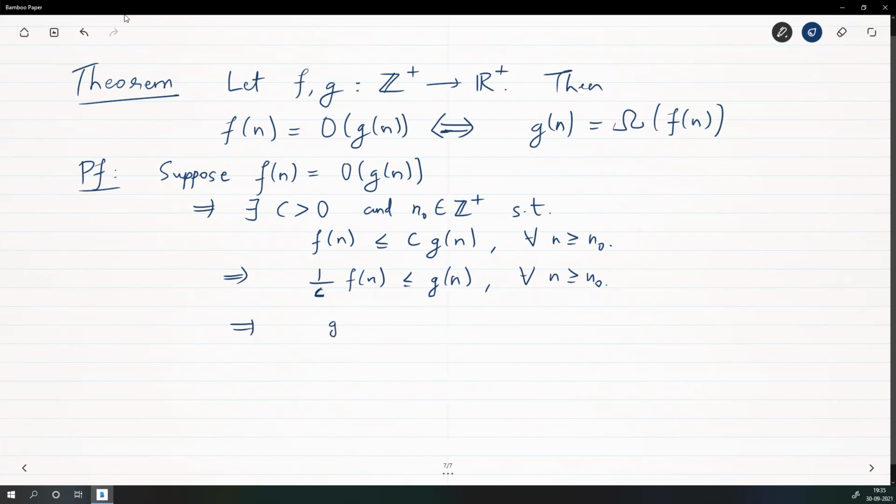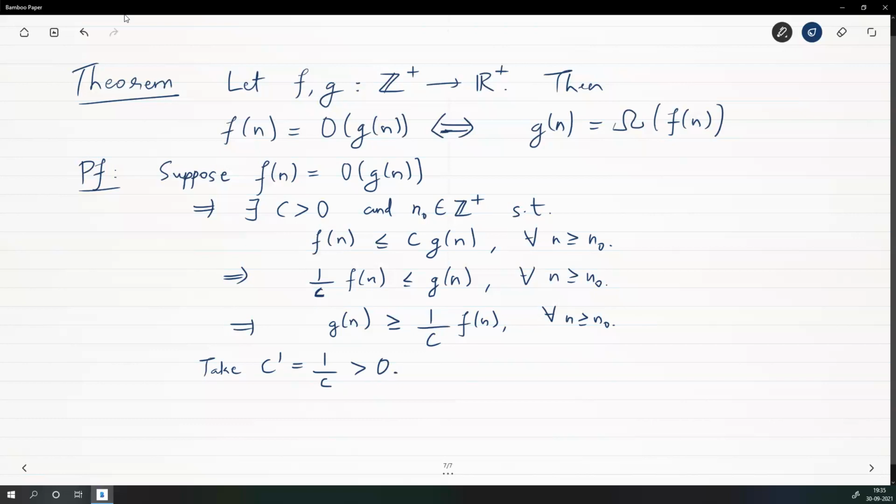But that is exactly the same as saying g of n is greater than or equal to 1 by c times f of n for all n greater than or equal to n naught. But c is a positive number, so 1 by c is also a positive number, right? So if we take c prime to be 1 by c, this is again a positive number.